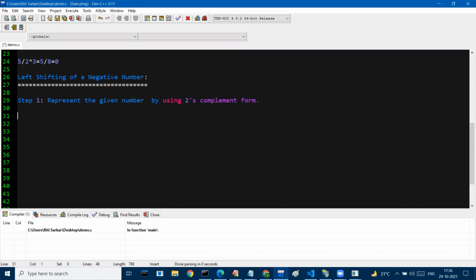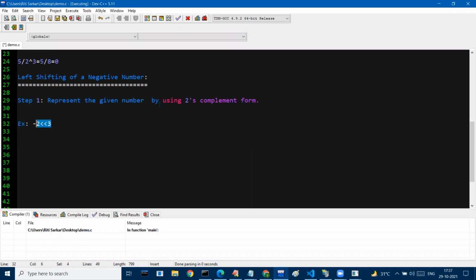The very first activity is to represent the number in 2's complement form. Suppose it is given -2 left shift by 3. Here -2 is the number, so the first activity is to represent -2 in 2's complement form.